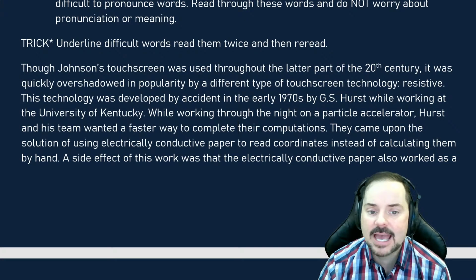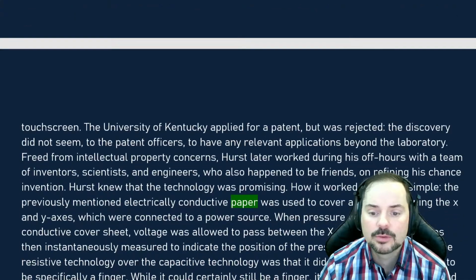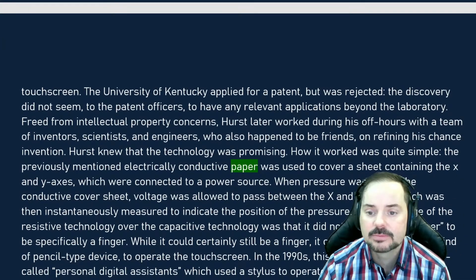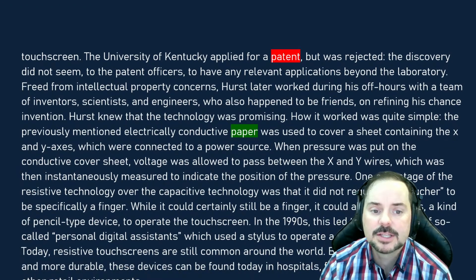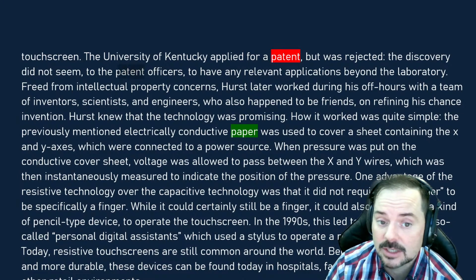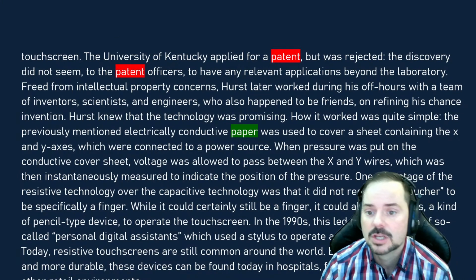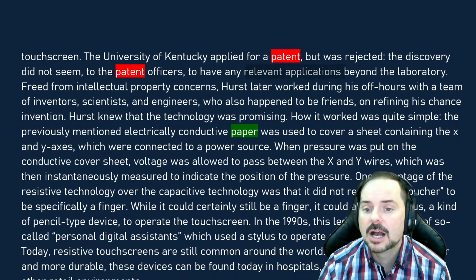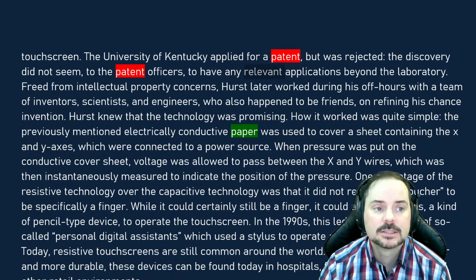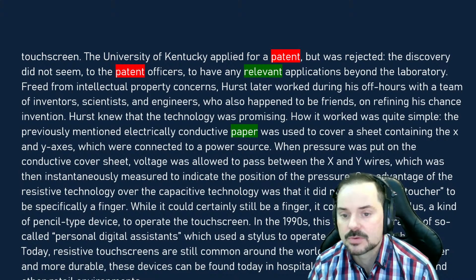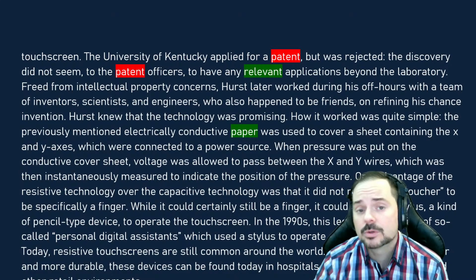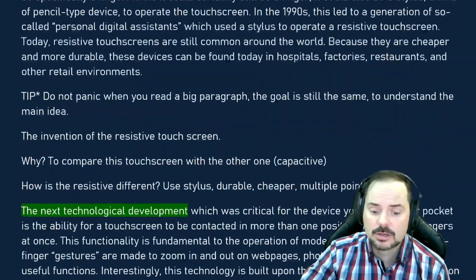So I'm scanning here for the word patent, and I find it right here. The University of Kentucky applied for a patent but was rejected. The discovery did not seem to the patent officers to have any, there it is, relevant applications. So we find that word. Now this is the word where I want to be searching.